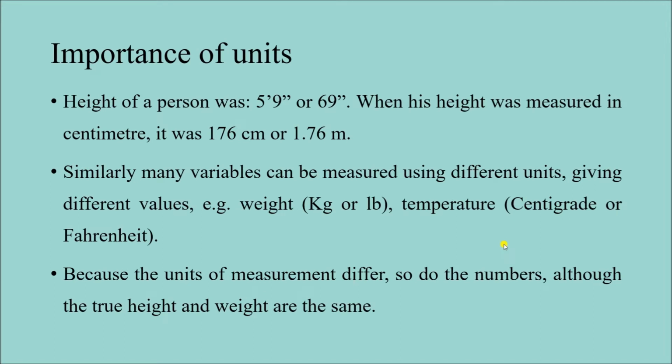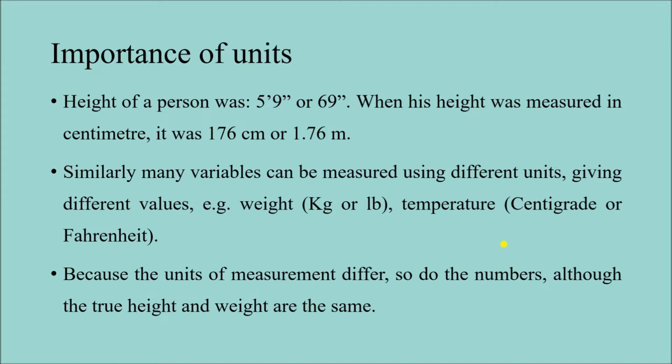First, we need to understand the importance of unit, because we can measure variables using different units, right? For example, here I have given the height of a person measured as 5 feet 9 inch, which can be converted into inch as 69 inch. We know that 1 foot equals 12 inch, so 5 feet 9 inches is 69 inch.